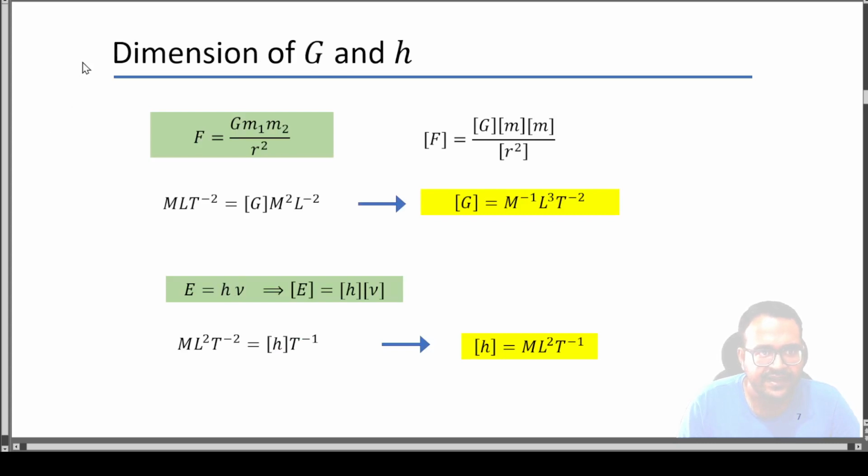Should I add another word just to make it a little bit attractive, gravitational constant here, Planck's constant there, so that it is distinct.